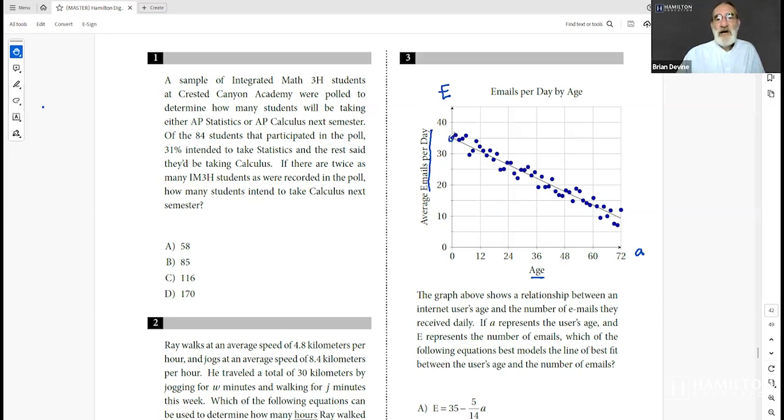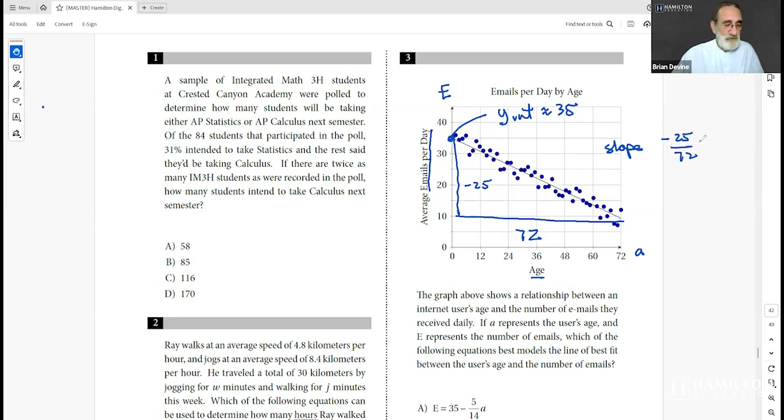Well, I note that the y-intercept here is around 35. And I can see the slope that I went down 25, and then as I went over 72. And so the slope is going to be negative 25 over 72, which is about negative 5 over 14.